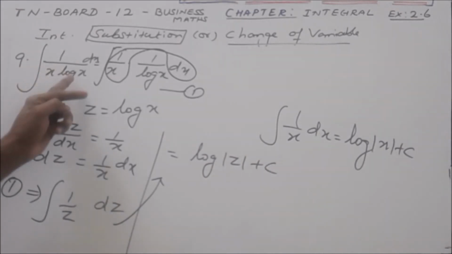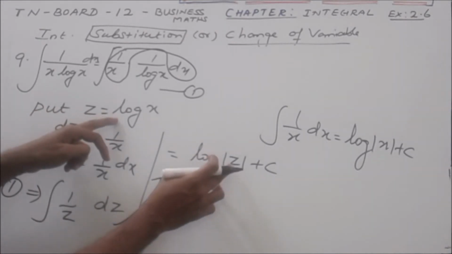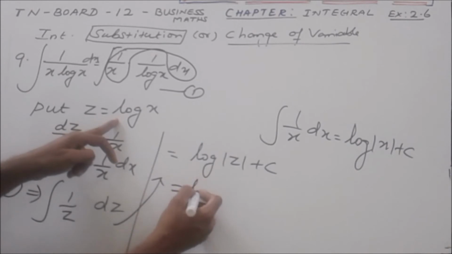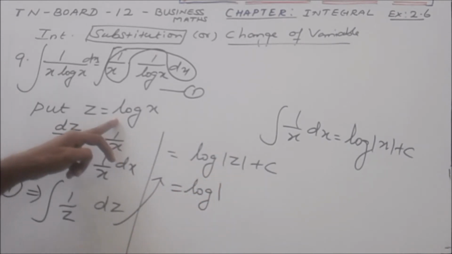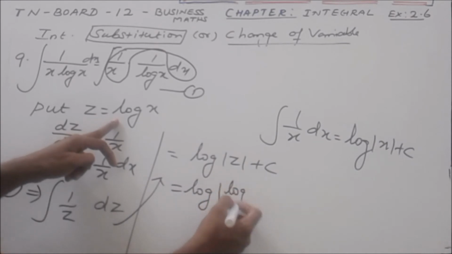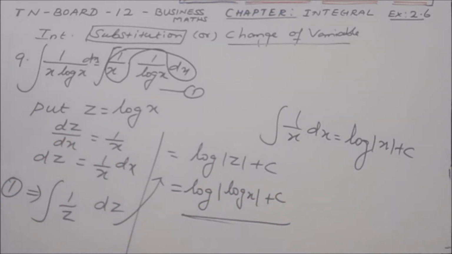The answer should be in terms of x, so substituting log x for z again, we get log of modulus of log x plus c. That's all. Very easy this one. Just split it, then choose z, apply it, and you can get it easily.